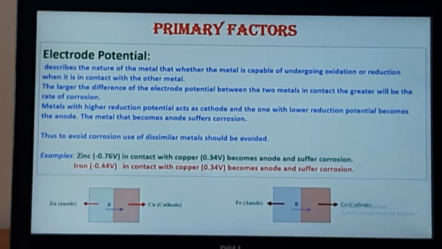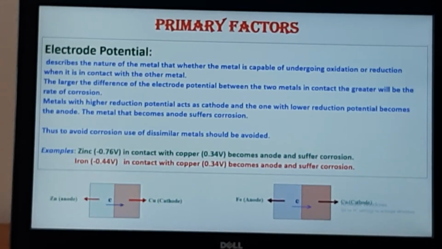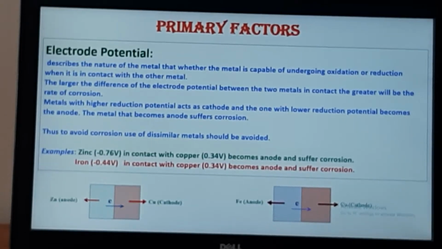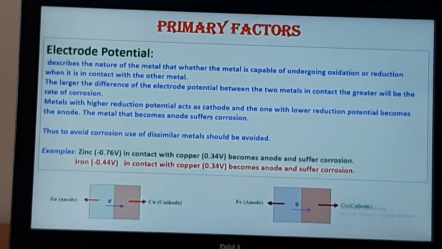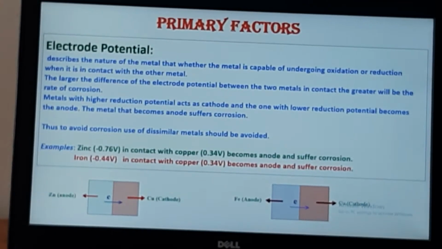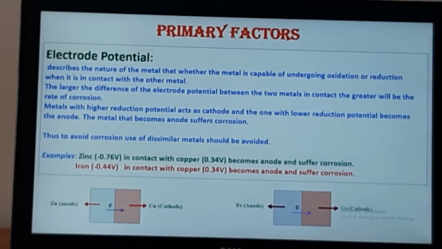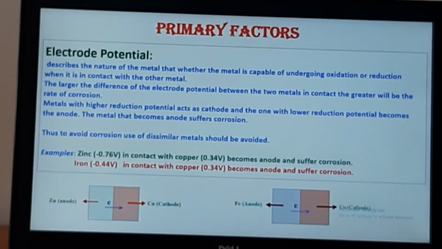In such cases, zinc and iron become the anode and copper becomes the cathode. So, if we want to avoid corrosion, the contact of such dissimilar metals should be avoided.